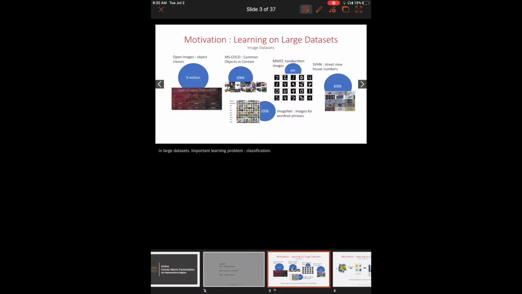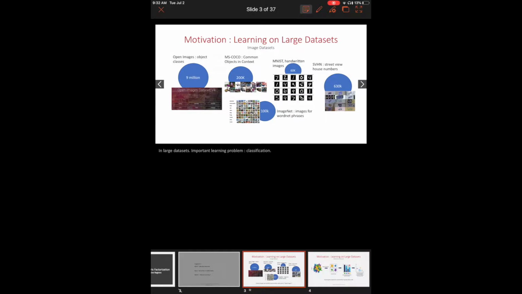Let me start by motivating the problem with learning problems on large datasets. In large image datasets, one of the important learning problems is classification. We want to classify image datasets into representative categories, and we want to identify representative samples for those categories.